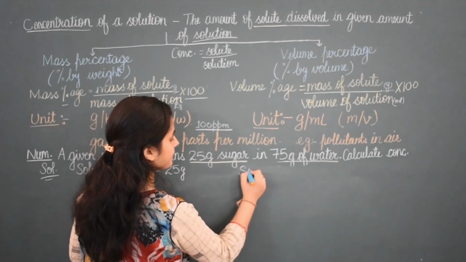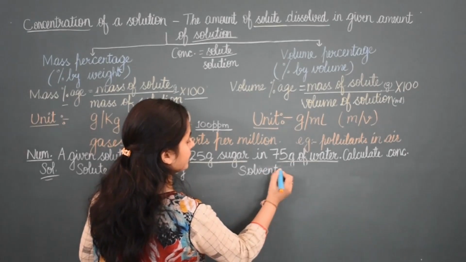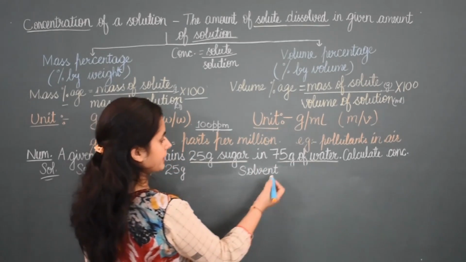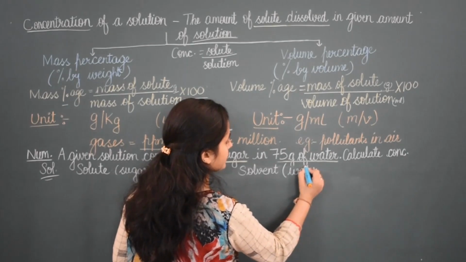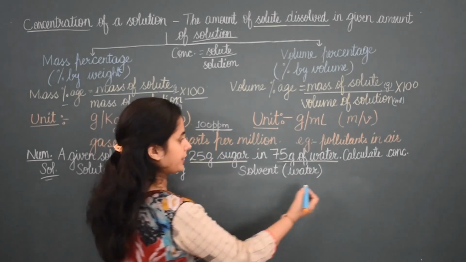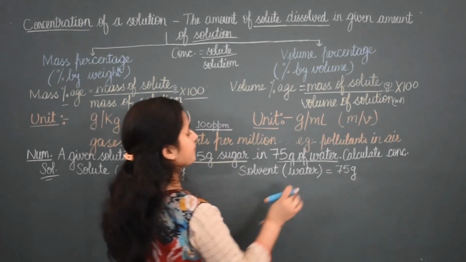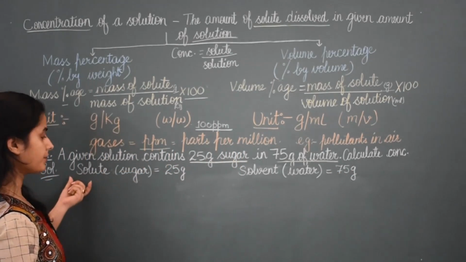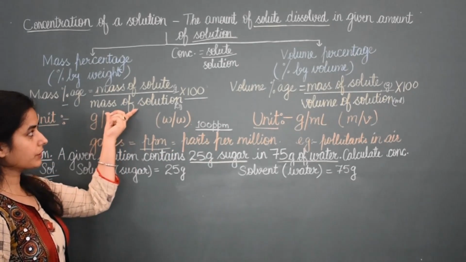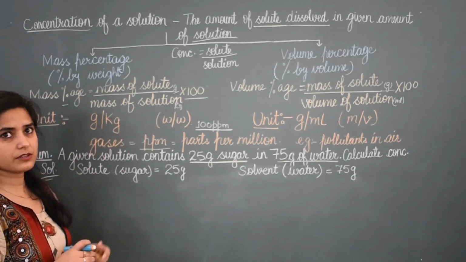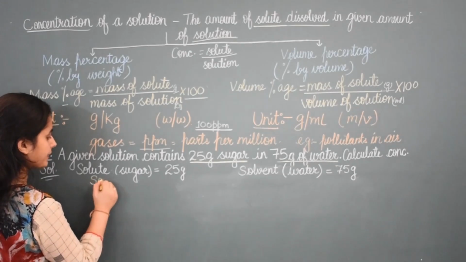Next is solvent. Solvent is the thing in which something is dissolved. Here we are adding sugar in water, so water is the solvent. Its amount is 75 gram. Now we have solute and we have solvent, but according to these formulas, first we need the solution.